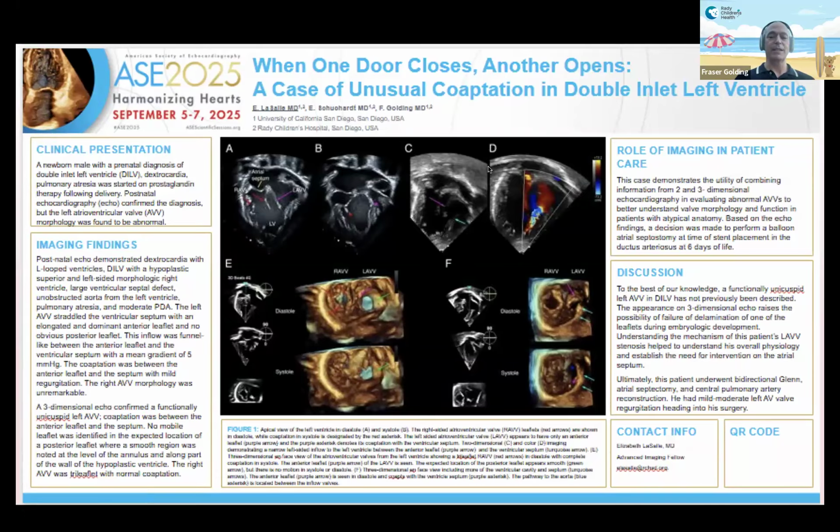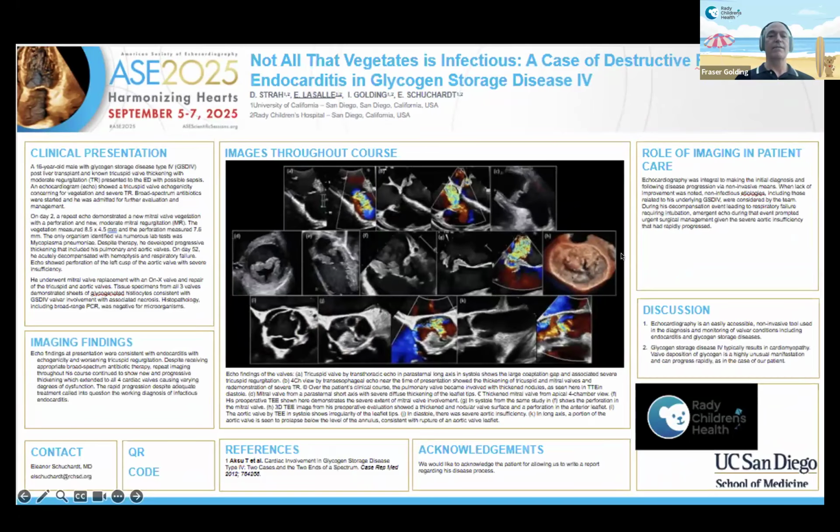So it was really co-opting with the septum. We had some 3D images, and she helped one of our core fellows present a case of a very acute destructive polyvalvular endocarditis, which turned out to be a glycogen storage disease, which acutely affected all valves over a very short period of time.